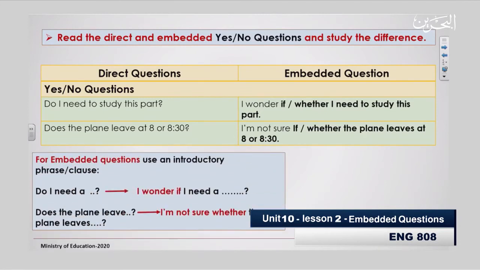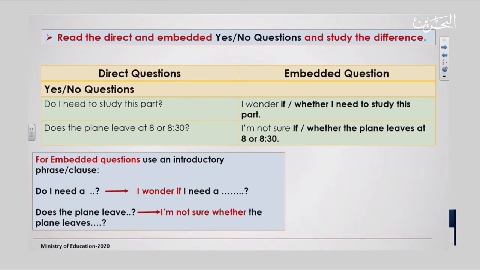For embedded questions, we also use an introductory clause. So, do I need a? I'm going to add, I wonder if I need a. So the introductory phrase or clause is "I wonder if". Let's look at another example to understand it even more. Does the plane leave? We need to add another phrase or clause to form an embedded question.